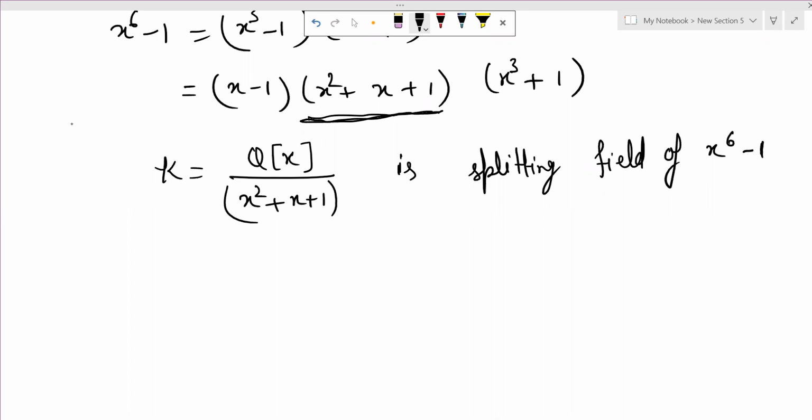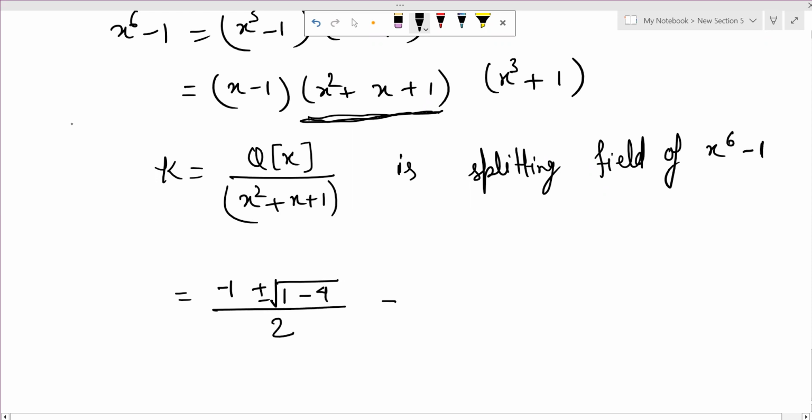You can use the Sridharacharya formula: minus b plus minus square root of b square minus 4ac, divided by 2a. So this is minus 1 plus minus i root 3 by 2, right? So these are the two roots of this polynomial, and these are not in the field. That's why this polynomial is irreducible.